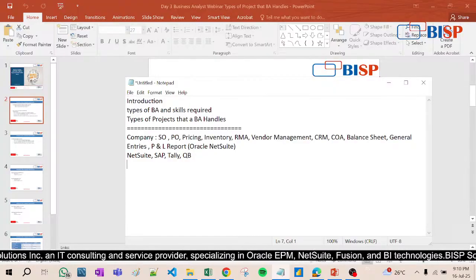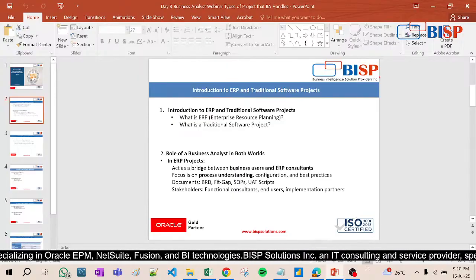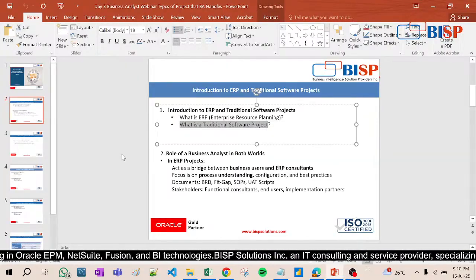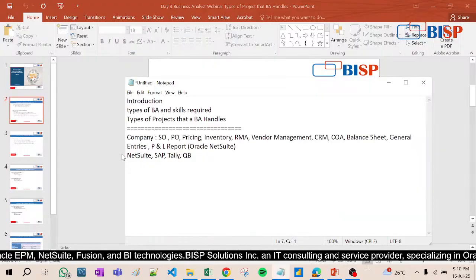Now what are traditional software projects? The one who works on the implementation of this product, that is called an ERP project. And what are traditional software projects? As it is written here, look at this. Traditional software project means exactly what?